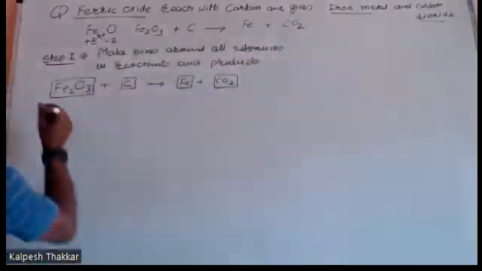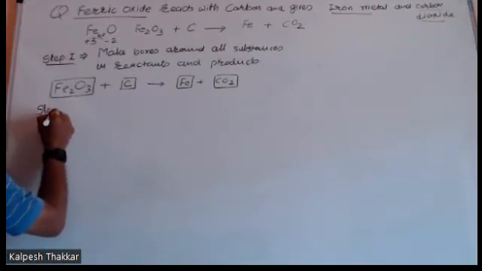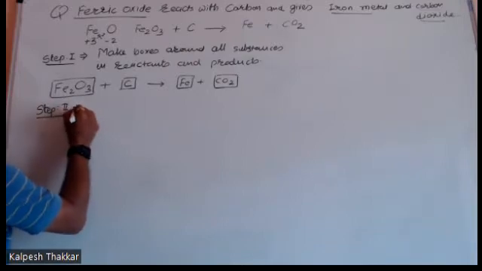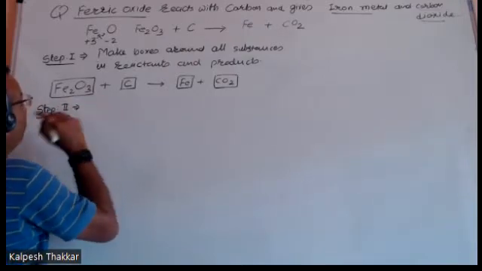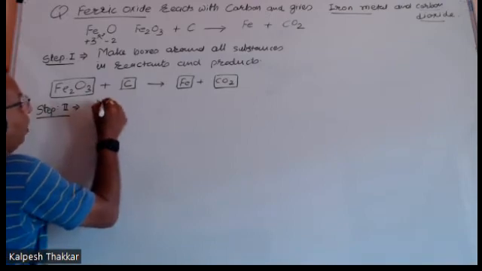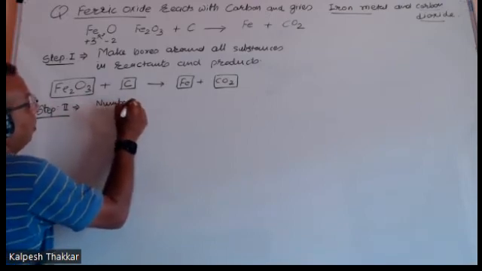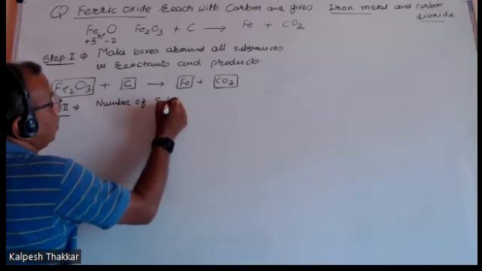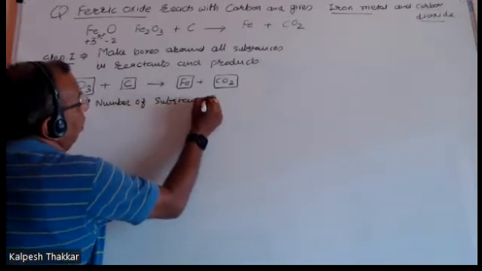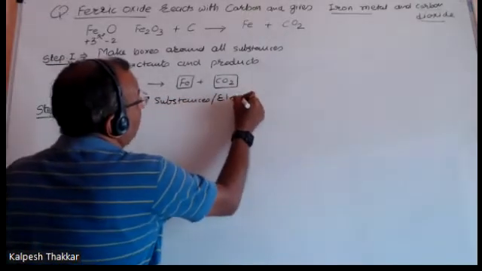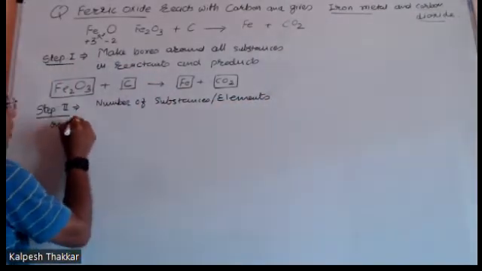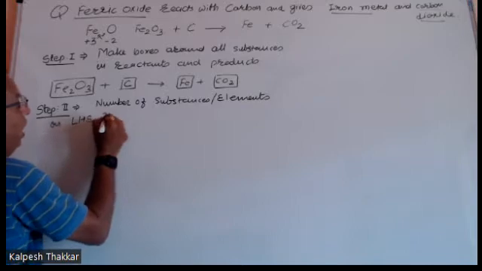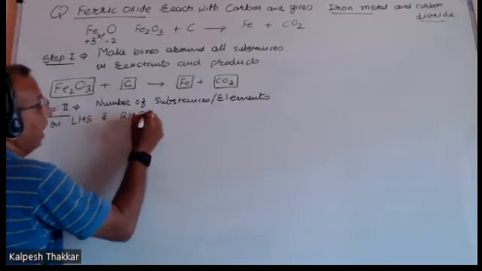Now, friends, next is step number 2. In step number 2, we have to check the number of substances, or we can say elements, on the left hand side and right hand side.